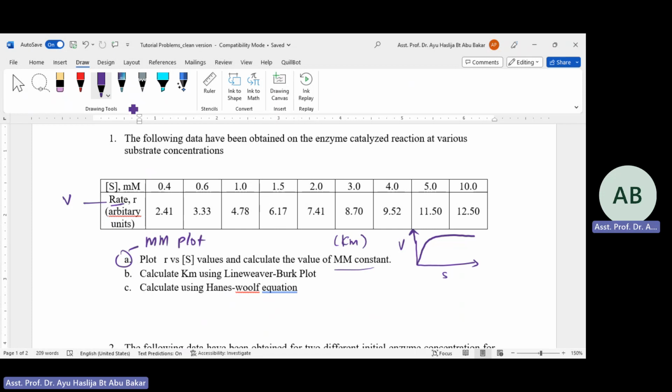For Michaelis-Menten, we know that at half of V, this S value is equivalent to Km. So from A, you plot the curve, then take the value at half V, bring down, then you will get the Km value.